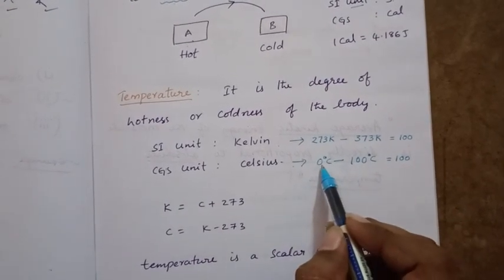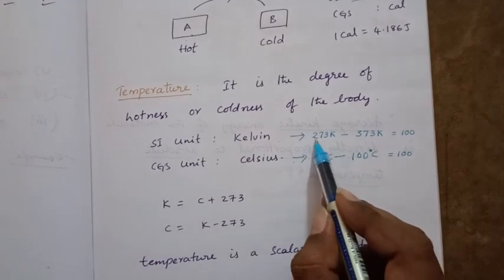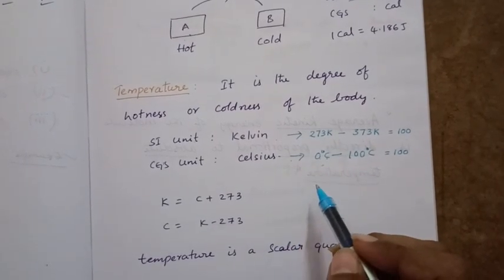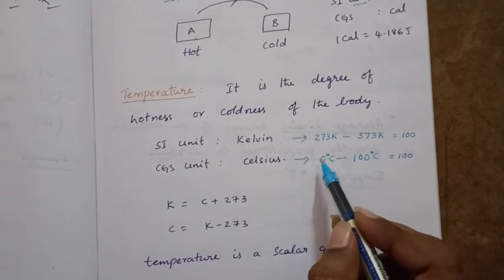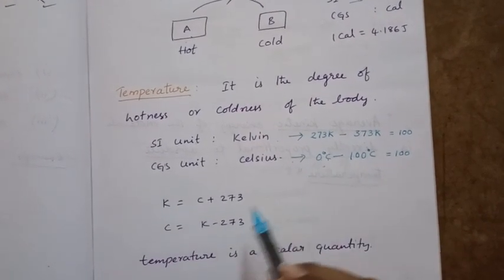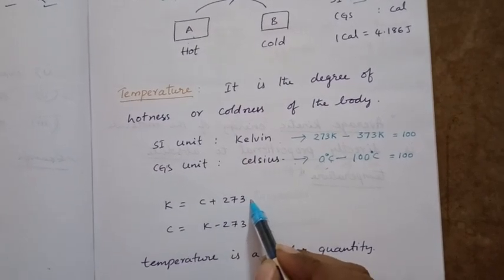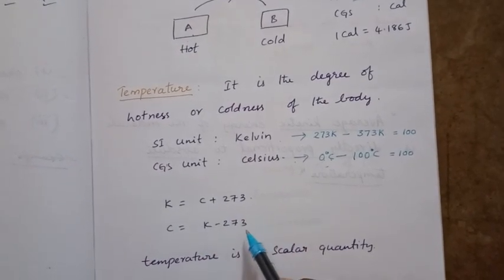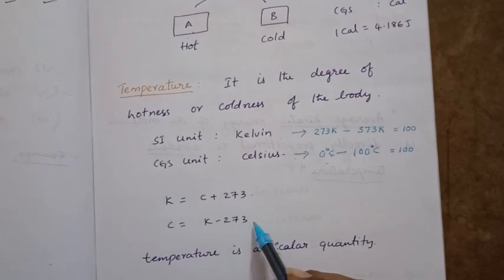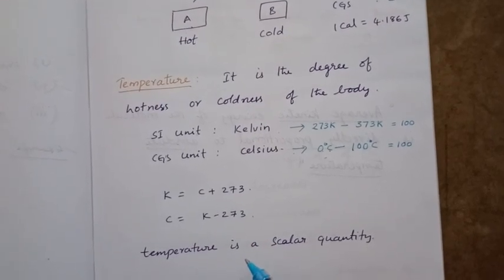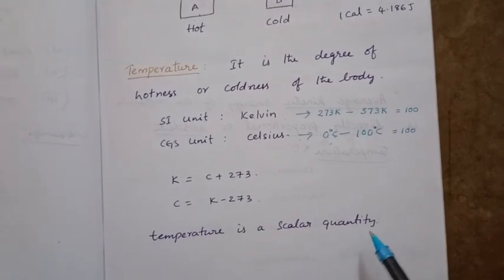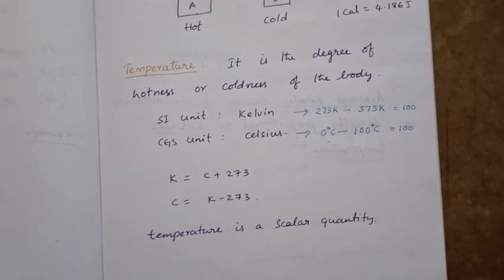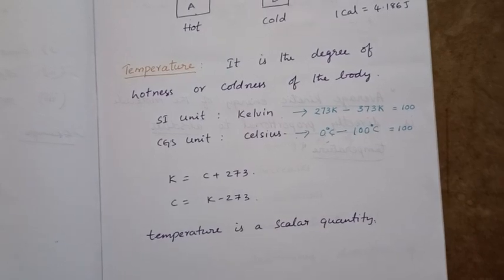So 0 degrees Celsius equals 273 kelvins. If we want to convert degrees Celsius to kelvins, we add 273. Kelvins to Celsius, we subtract 273. Temperature is a scalar quantity.